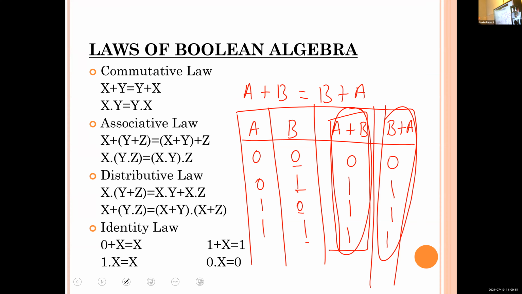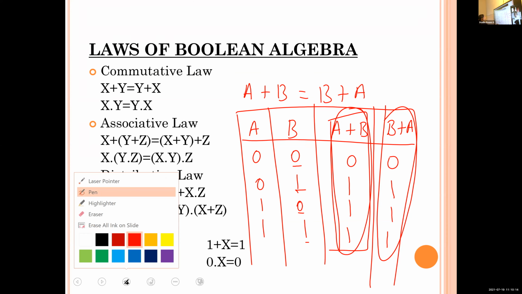So the first commutative law is x plus y is equal to y plus x. That is the first commutative law, the law based on OR gate. Same as that, the commutative law based on AND gate is x dot y is equal to y dot x. The same way you just prove using this truth table.